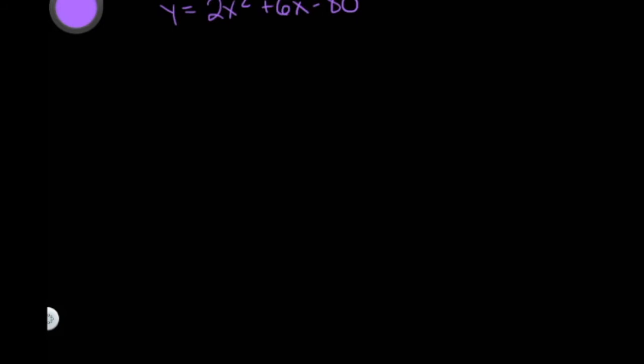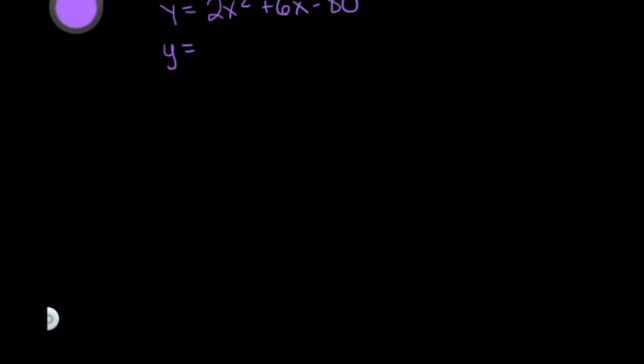So what we have to do here is factor this like we did in our polynomials unit. We have to pull out our greatest common factor. Our greatest common factor between these three terms, 2x squared, positive 6x, and negative 80, is going to be 2.